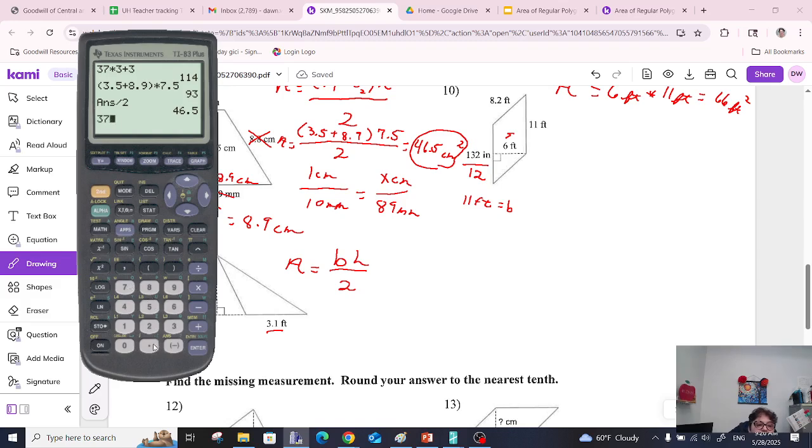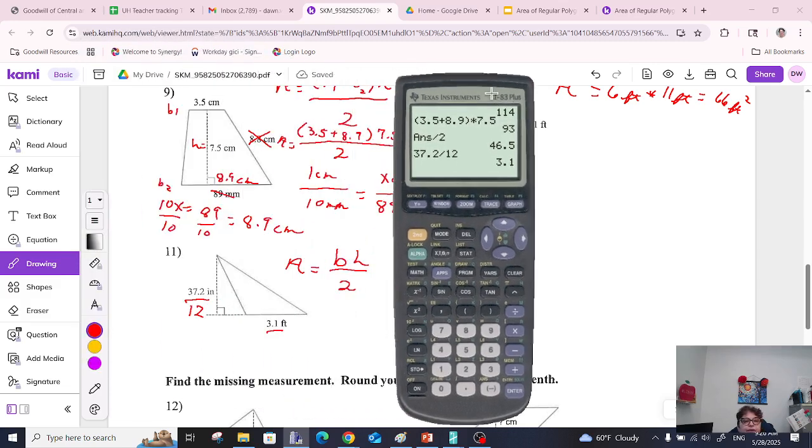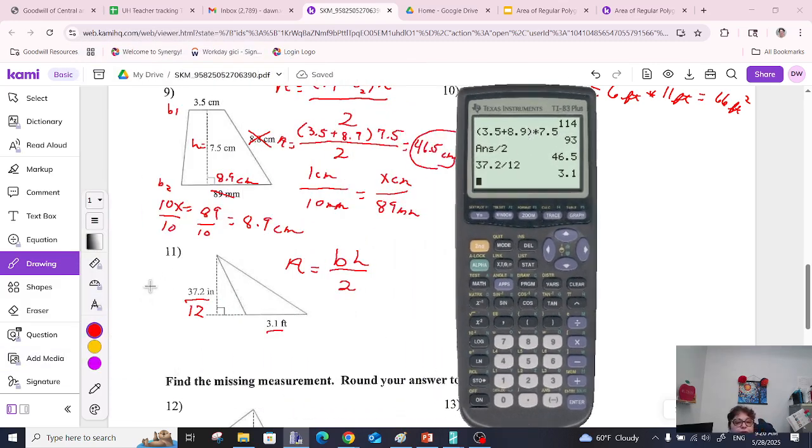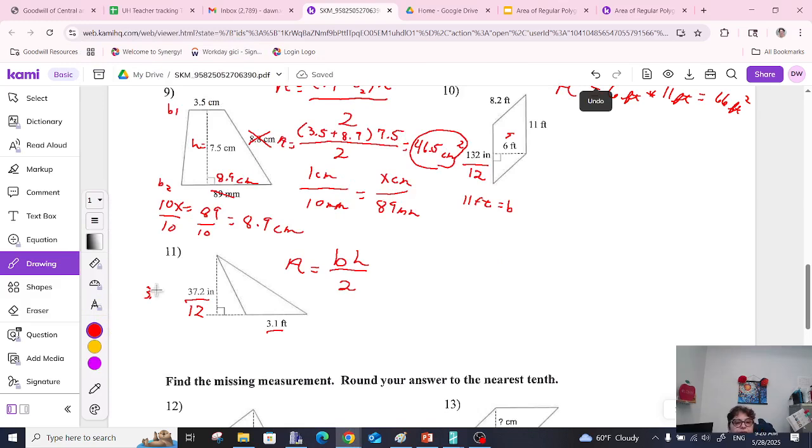And so 37.2 divided by 12 is 3.1. So I would use 3.1 for my height and 3.1 for my base. So 3.1 times 3.1 divided by 2 would give me area, right?